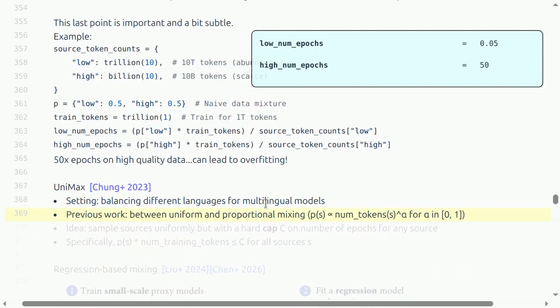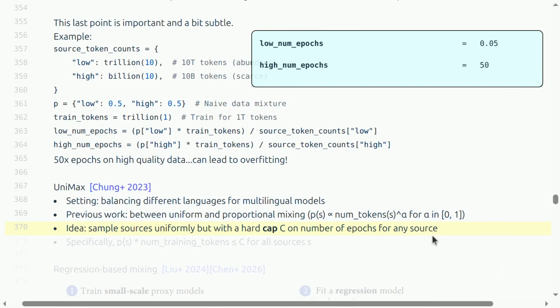They noticed that before, some works would take the proportional mixing and raise it to some power to flatten the distribution. But the idea in this paper is to be a bit more explicit about that: let's sample the sources uniformly, but with a hard cap on the number of epochs.